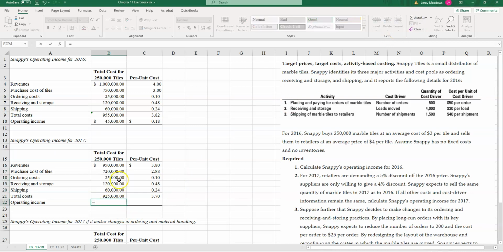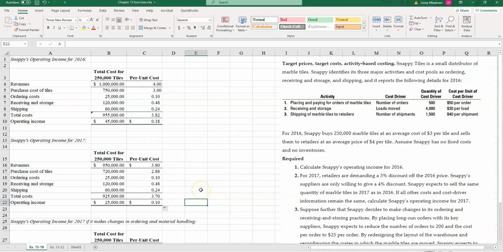So what is my total operating income? My operating income is really my total revenues minus my total costs. So now my operating income is only $25,000, and on a per unit basis, that's 10 cents per unit.